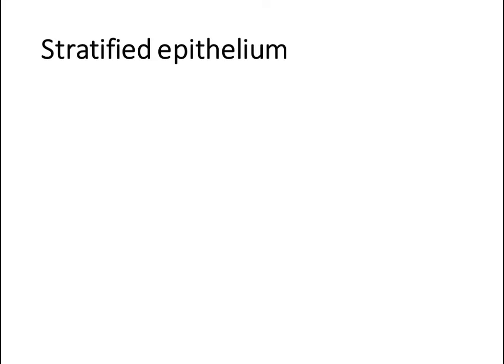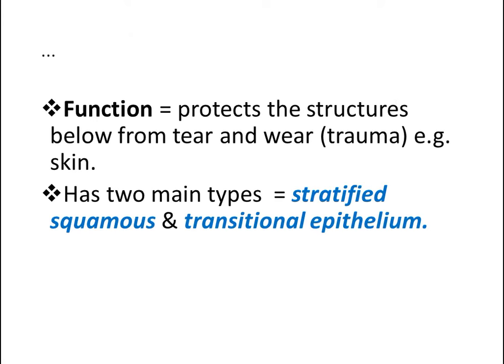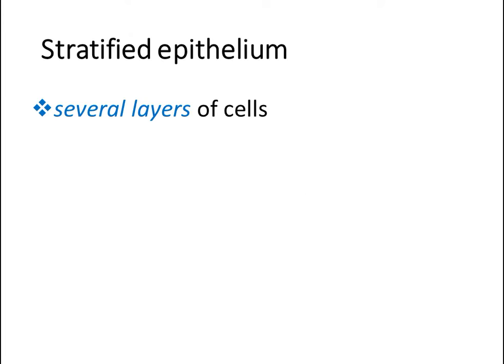Now let's look at the stratified epithelium. Stratified epithelium has several layers, okay? It contains several layers of cells of various shapes. And there is continuous cell division of the basal layer, which pushes the layers above nearer to the surface where they are shed.